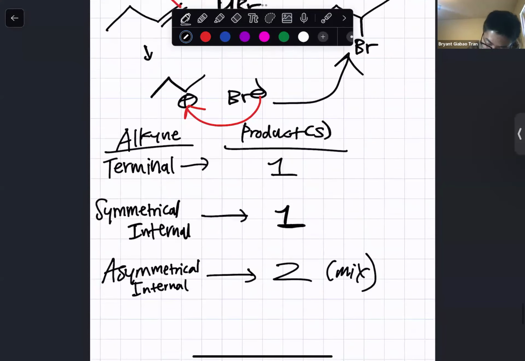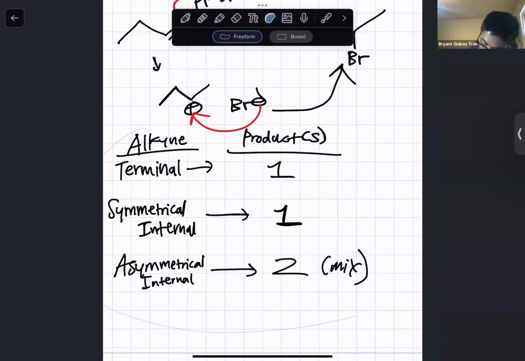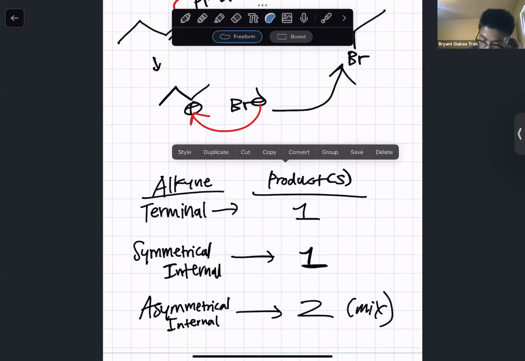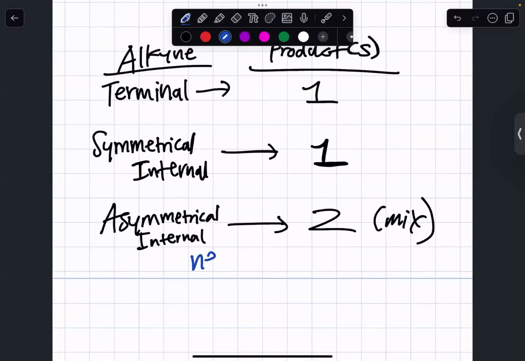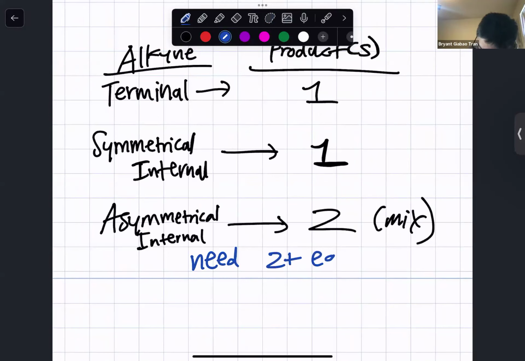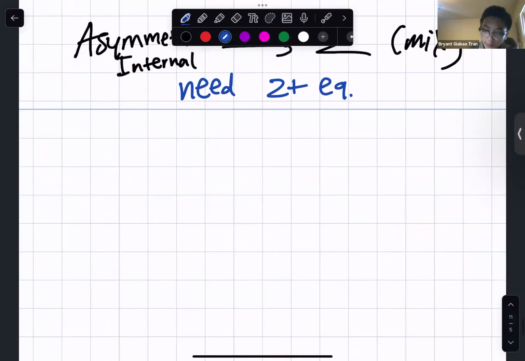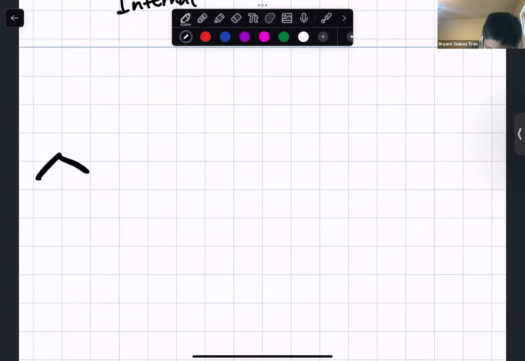And for this reaction here, you need, let's say, at least 2 equivalents to go all the way through. Okay, let's look at the terminal alkyne situation like that, and we have 2 equivalents of HBr.